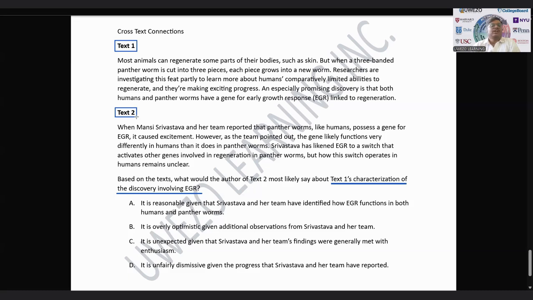linked to regeneration. Now, if I have to summarize the entire text, I would say text 1 is talking about regeneration. So I'll quickly make a few points here. Regeneration, we are talking about. Then we are also talking about, can humans regenerate?